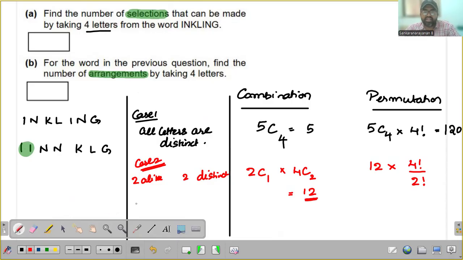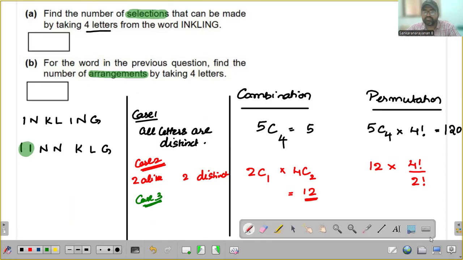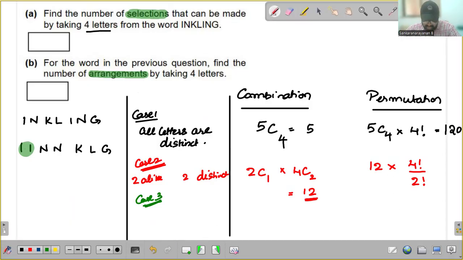Now, we can even consider one more case here. That is case number 3. What is case number 3 all about? Case number 3 will be like 2 are alike of one kind and 2 are alike of the other kind.